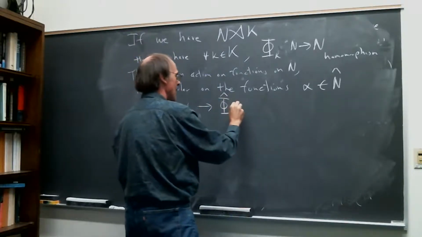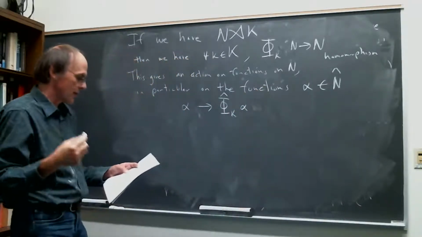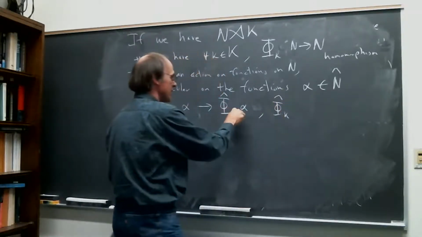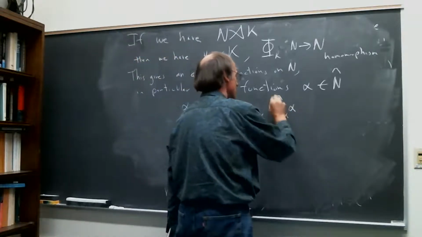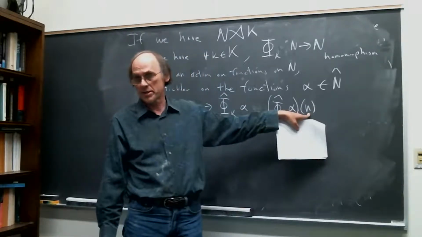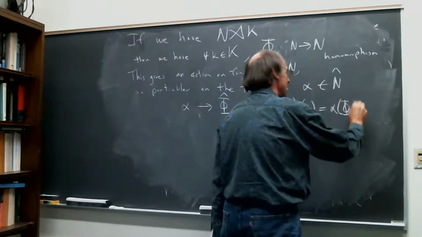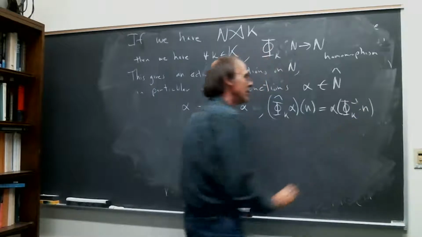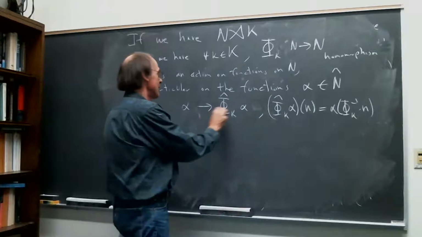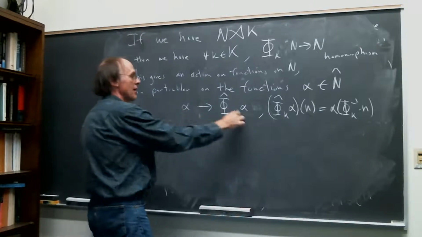I'll call this the hat action on alpha. The action on alpha gives you a new function, and if you look at its value at n, it's alpha at phi k inverse acting on n. So it's just the usual induced action on functions, but it takes elements of N hat to other elements of N hat.